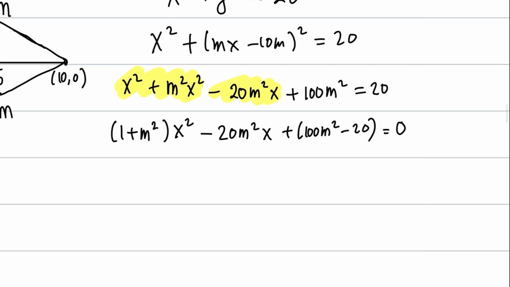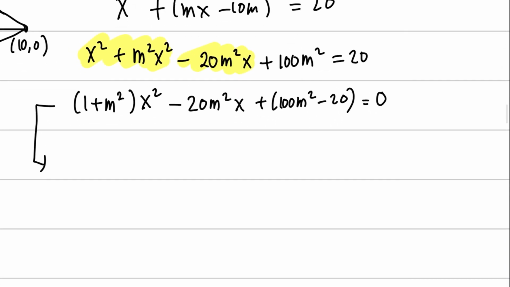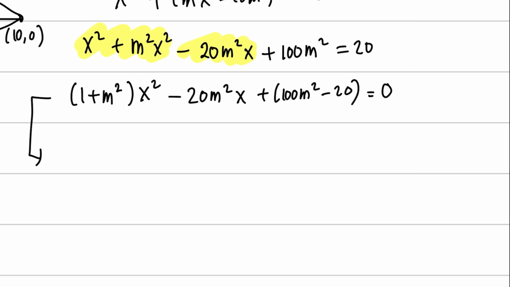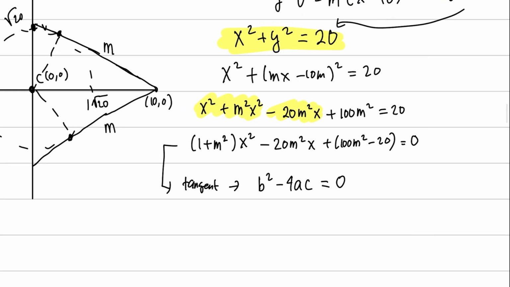So if it is a tangent line, after we combine the line and the circle, this is the concept, guys. If we already combine the line equation with the circle, and the line only touches the circle at one point, we can apply the discriminant formula and make it equal to 0. So if it is a tangent, it means that the discriminant of the combined equation must be equal to 0 because we only have one solution for each line, right?